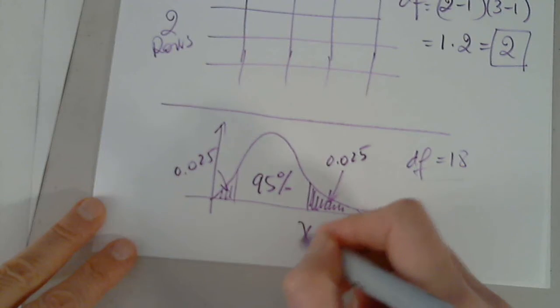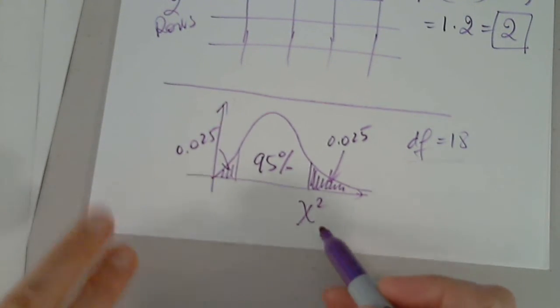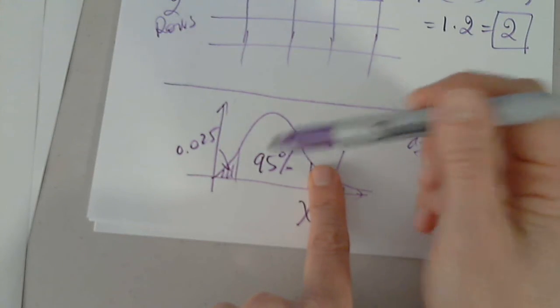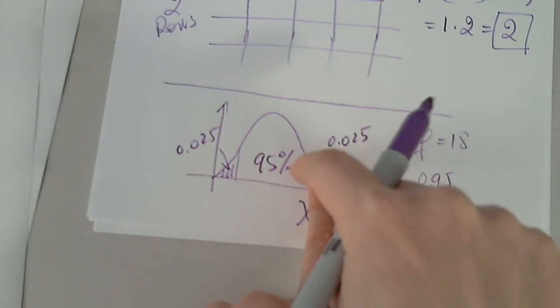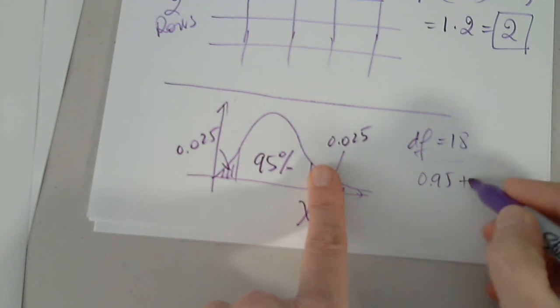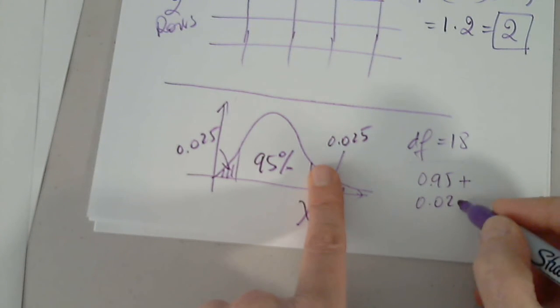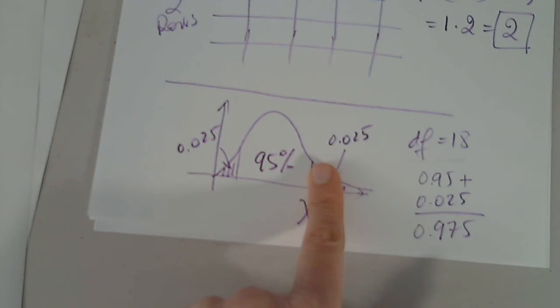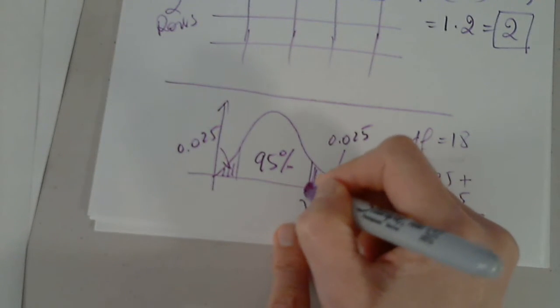So now we are trying to find these chi-squared values, but what do I have to the left? I have 0.95, which is this area, plus 0.025, which is 0.975. And I will obtain this number.